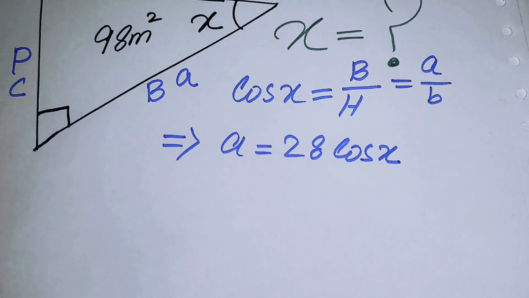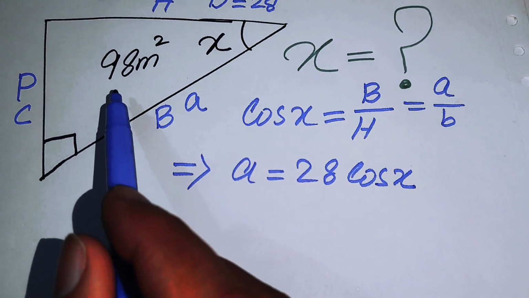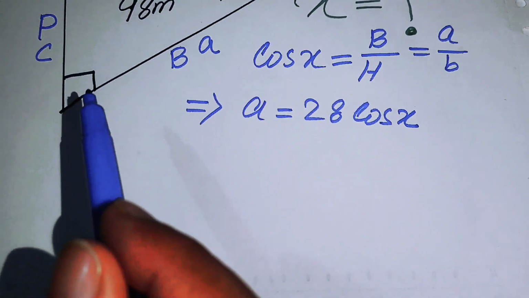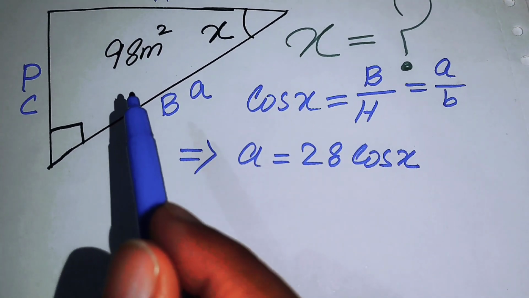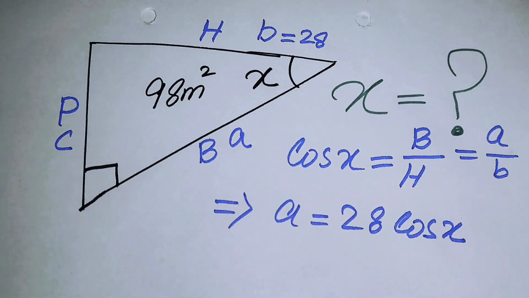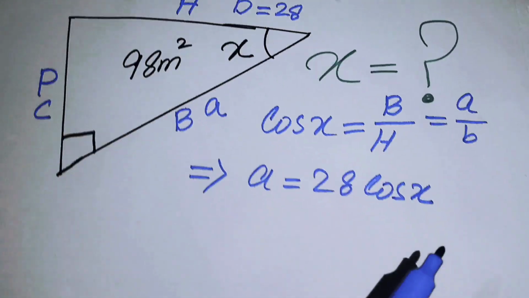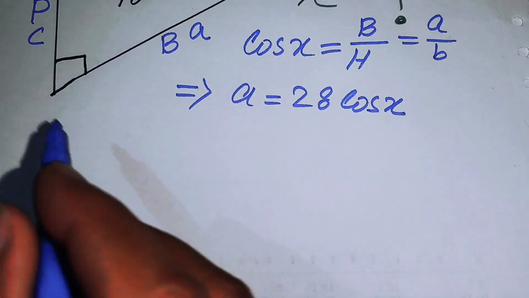So now in the next step, we are given that the area of this right triangle is 98 meters squared. So we use the formula of the area of a triangle, which looks like this.